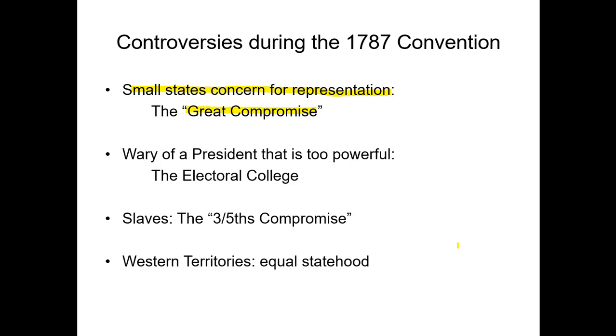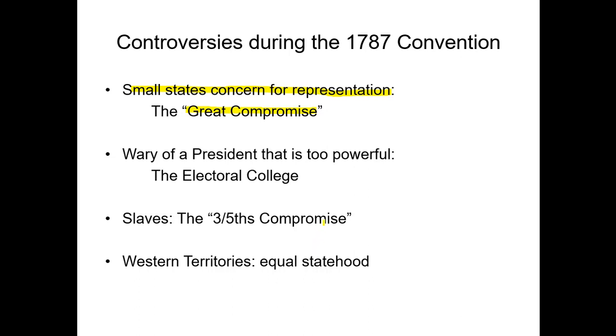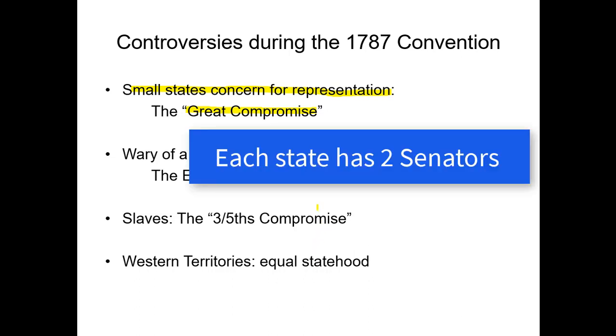So they wanted to split that into two houses. But in addition, they gave equal representation to all states in the Senate. And that appeased the small states enough to where they could continue on.